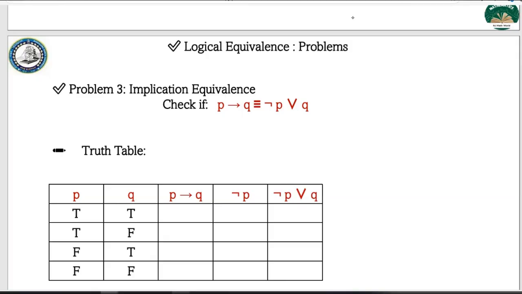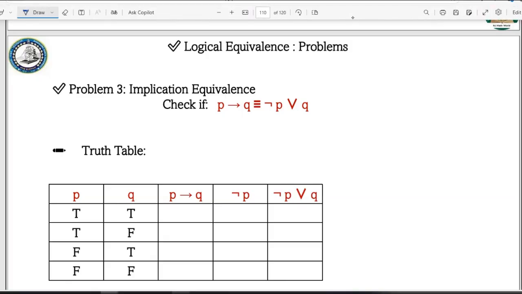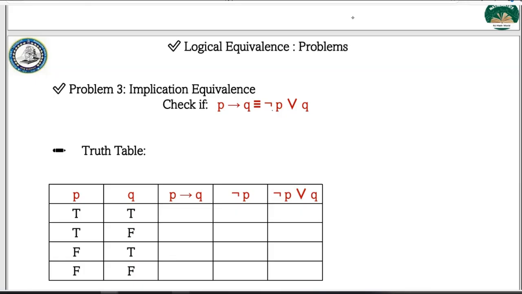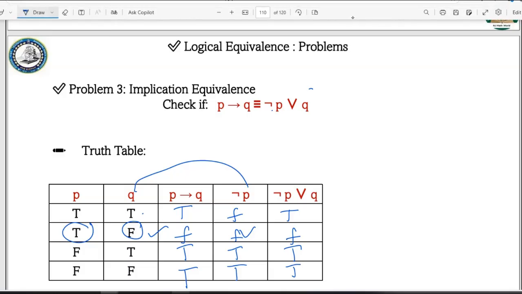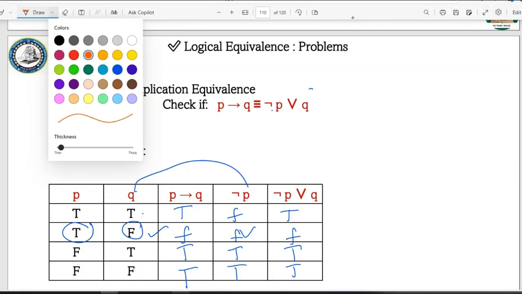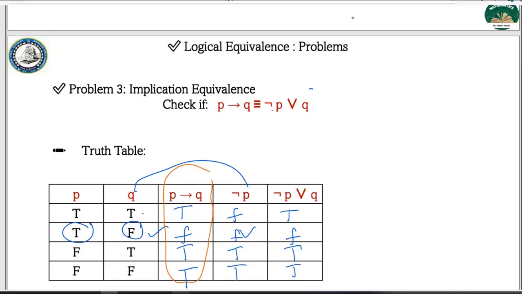Then the next one: let's check whether it is a logically equivalent statement. Again P, Q. P implies Q is one side, and negation P or Q is the other side. P implies Q is: T and F is F, otherwise all T. Then negation P will be F F T T. And then for negation P or Q, the OR is F only when both are F, so the second one is F and the remaining are all T. Now we check whether the values for LHS and RHS are the same.